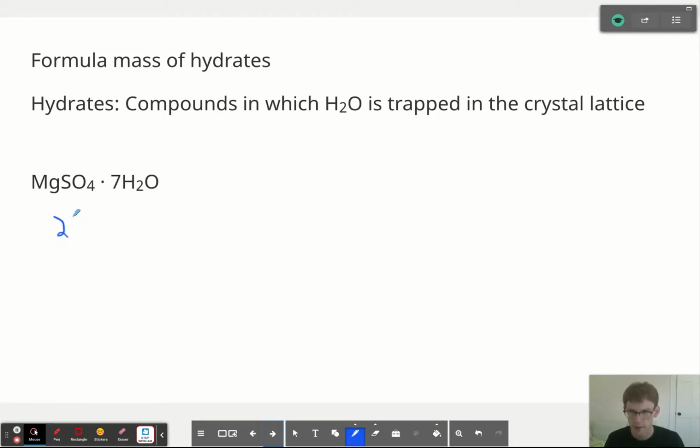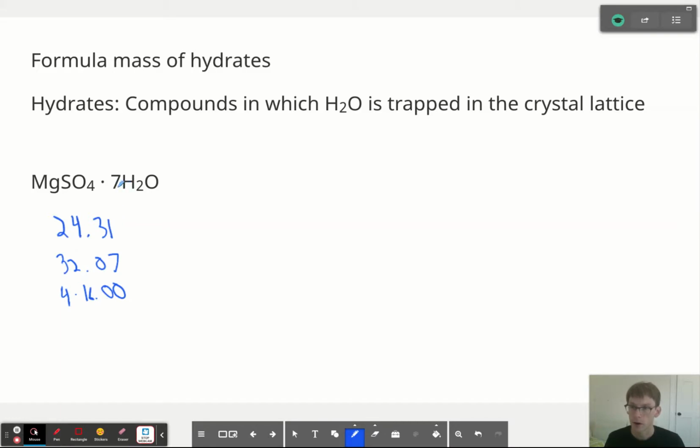For magnesium, it's 24.31 grams per mole. For sulfur, it's 32.07, I believe. And for oxygen, that's going to be 4 times 16.00 grams per mole.